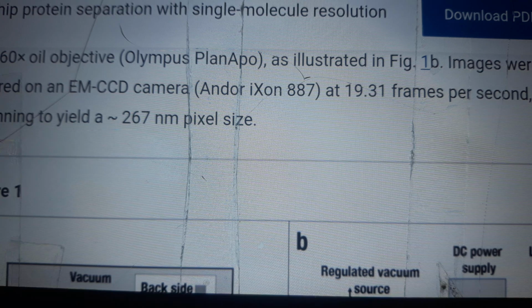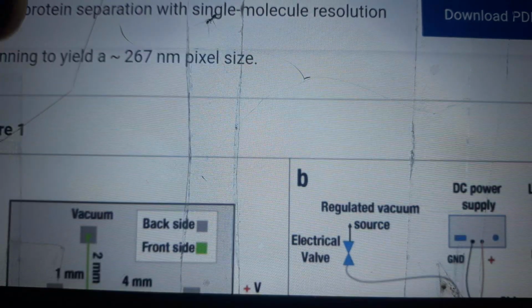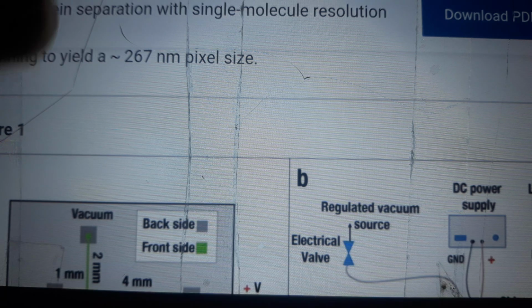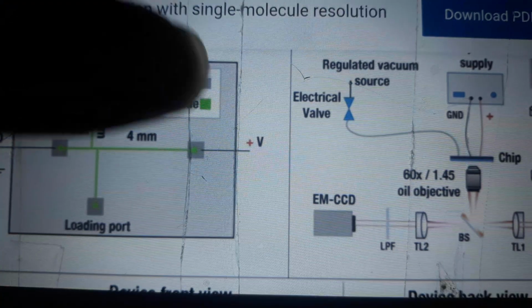That's faster than the normal 16 frames, and 1x1 binning to yield a 267 nanometer pixel size. This is the diagram for that.